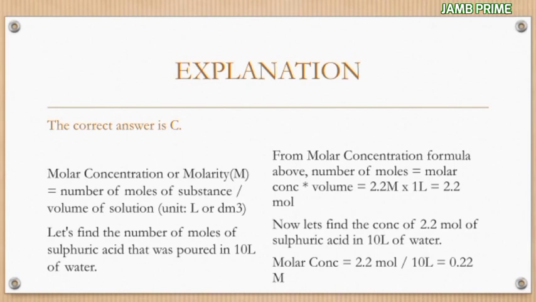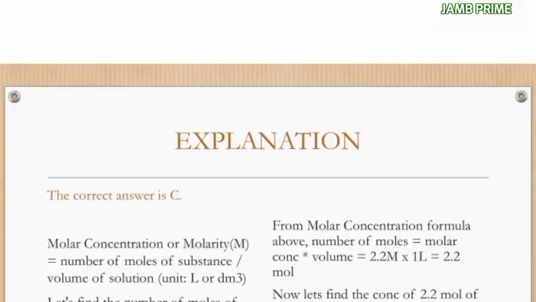Now you have the mole, which is 2.2 mole of sulfuric acid in 10 liters of water. You can bring out the formula again, which is molar concentration equal to mole over volume. Putting it in, that is 2.2 mole over 10 liters.